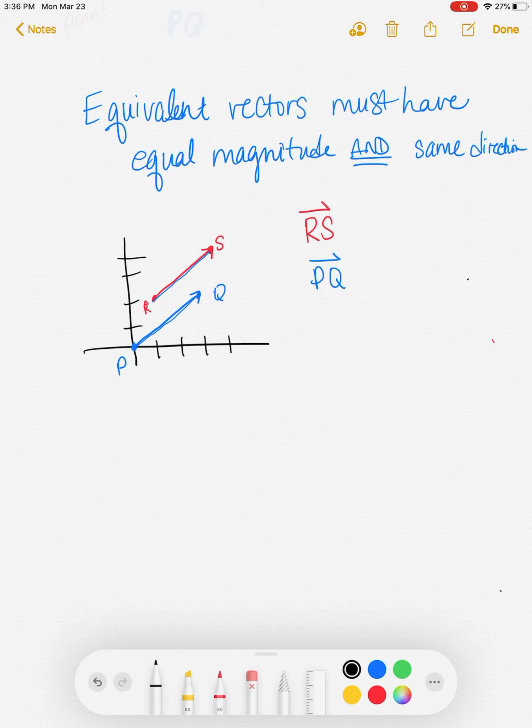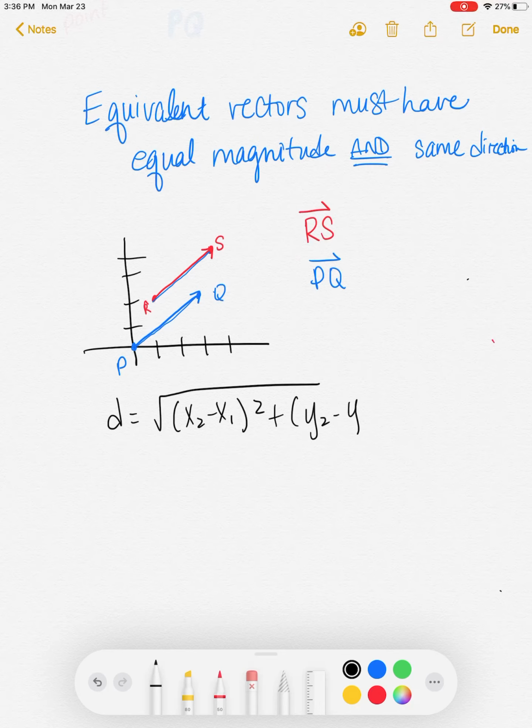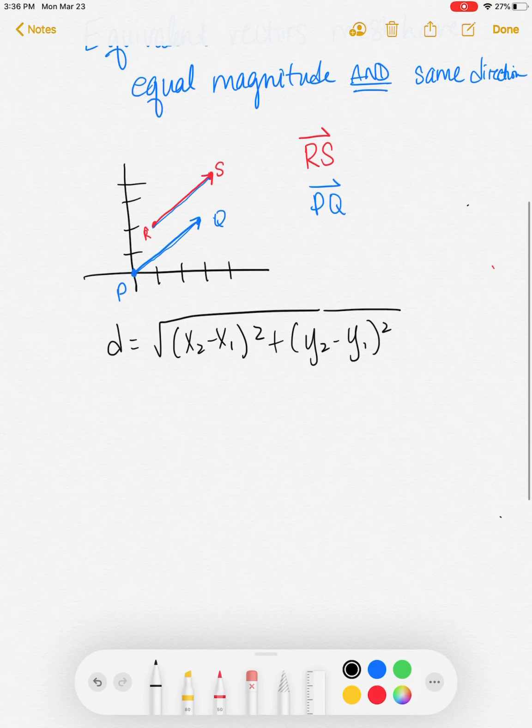I know you all remember that from college algebra. We said x2 minus x1 squared plus y2 minus y1 squared, and then the square root of that will give us the distance. Well, magnitude is similar.